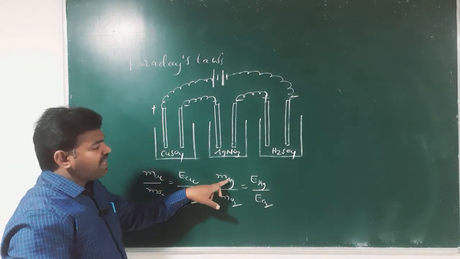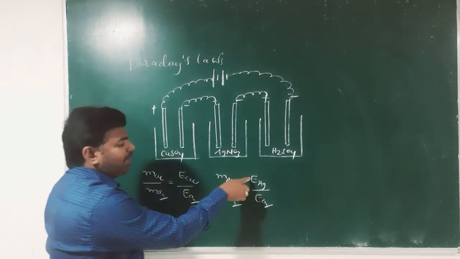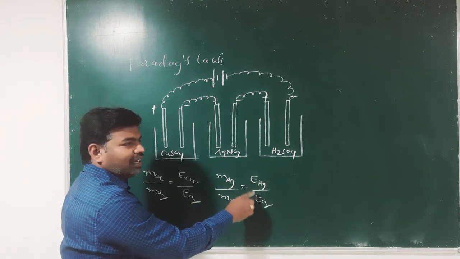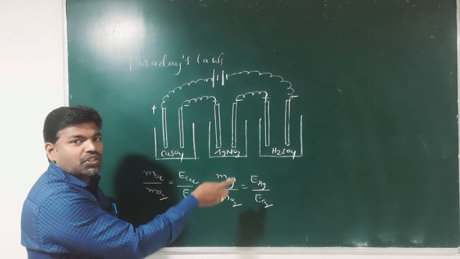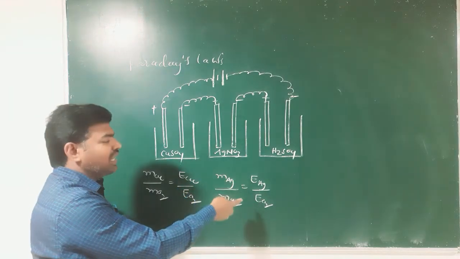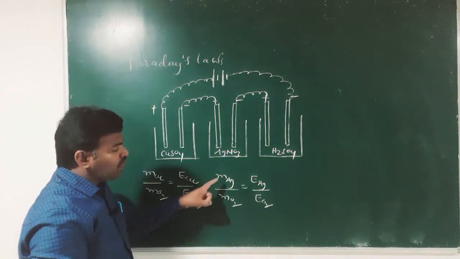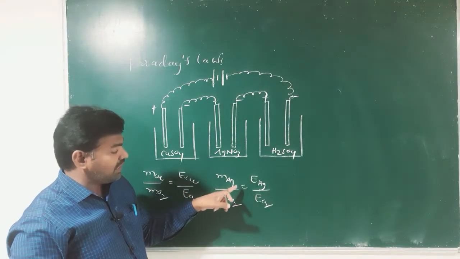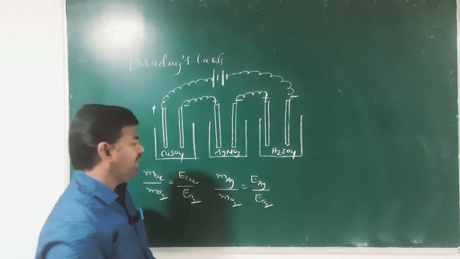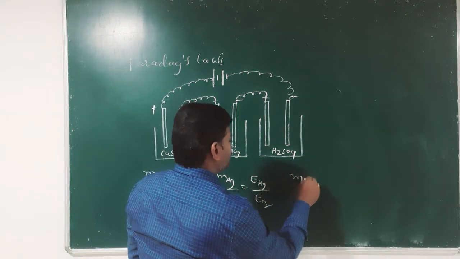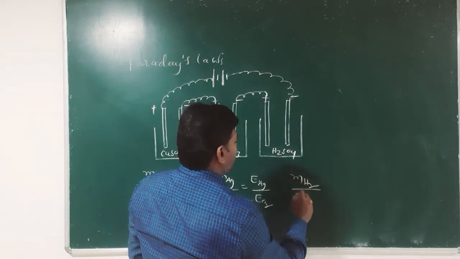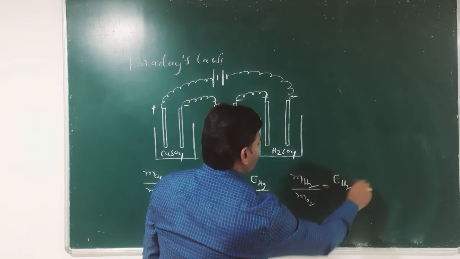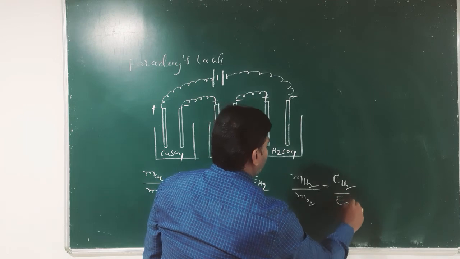So, mass of Ag is directly proportional to chemical equivalent of Ag and mass of O2 is directly proportional to chemical equivalent of O2. If we remove the proportionality constants, we can rearrange this equation like this, and mass of H2 by mass of O2 is equal to chemical equivalent of H2 by chemical equivalent of O2.